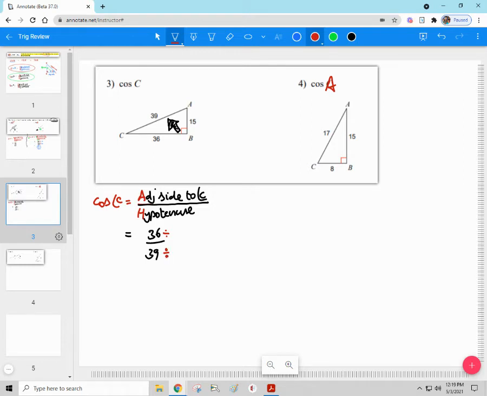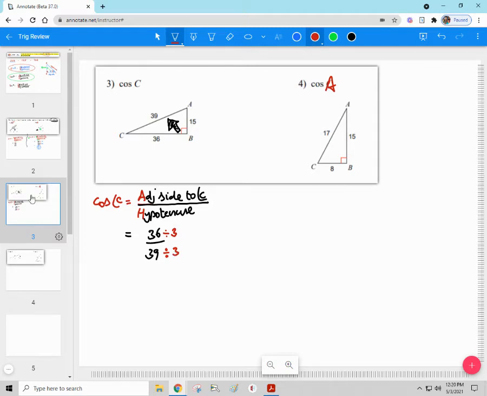If you want, you can take the highest common factor, HCF, GCD. I see that both are divisible by 3.